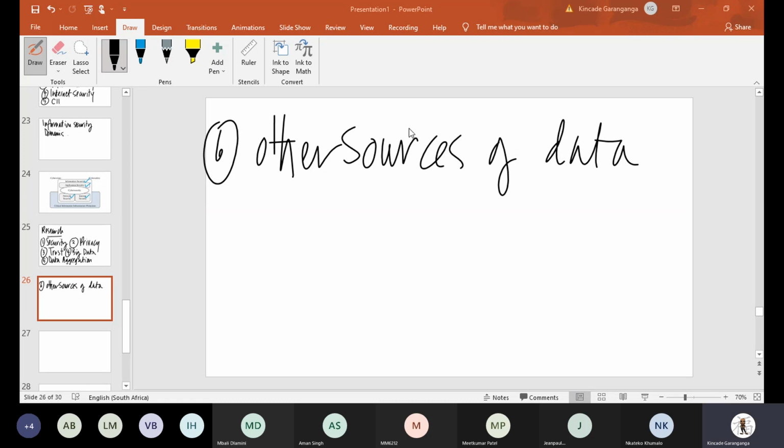Should you have anything to say, go ahead and unmute and state your case or use the chat, whichever way works for you. Questions, contributions, concerns from anyone?